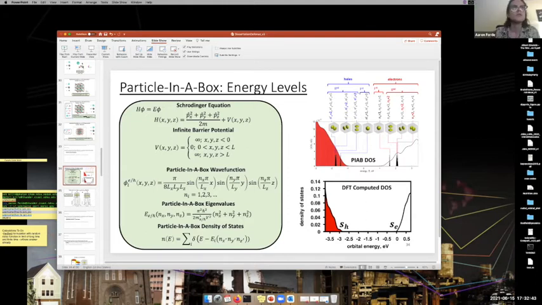I'm pretty sure effective mass isn't included in these slides. It's just particle in the box. I don't know if it's exactly effective mass, but I include this because I know Eric would want something relating particle in a box to quantum dots.